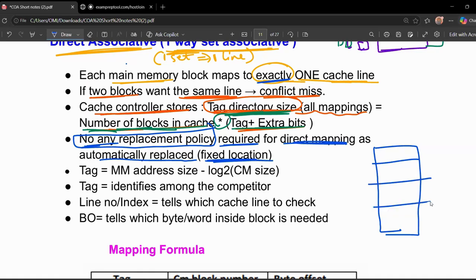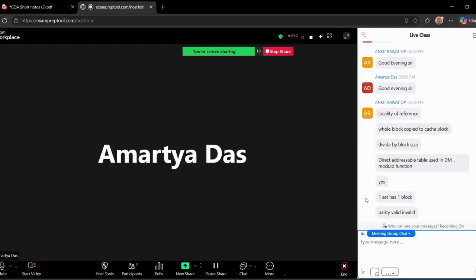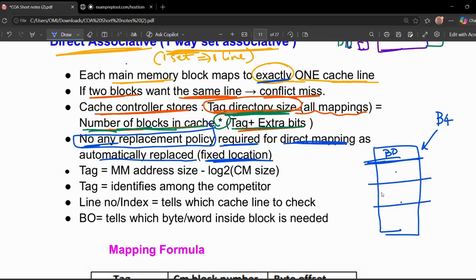assume that some blocks have come. The B0 block is already present here. Now let's say the B4 block comes. You know that B4 will map to where?